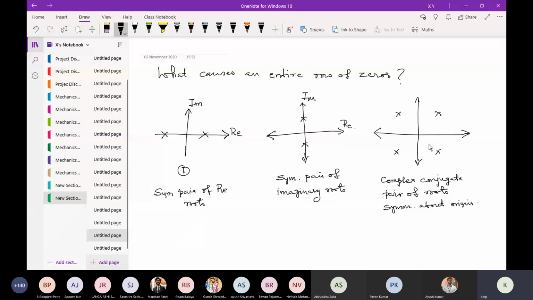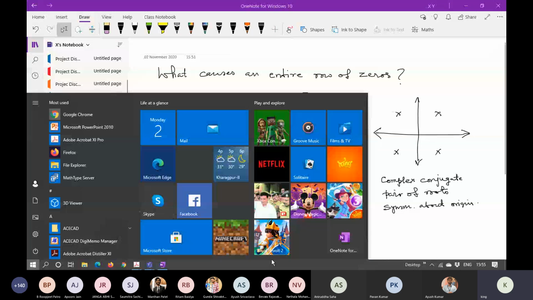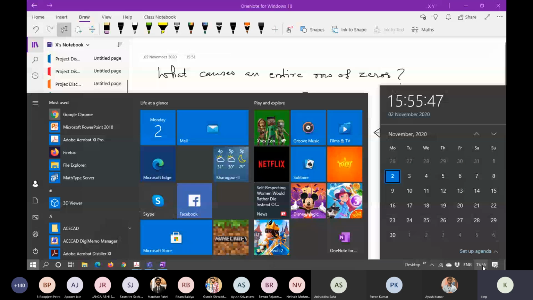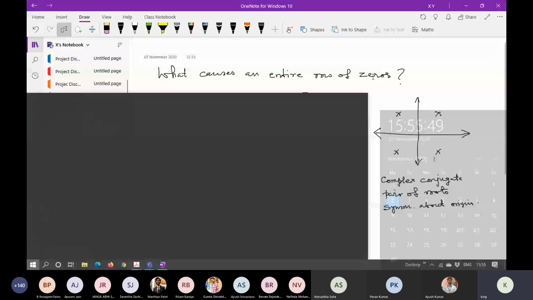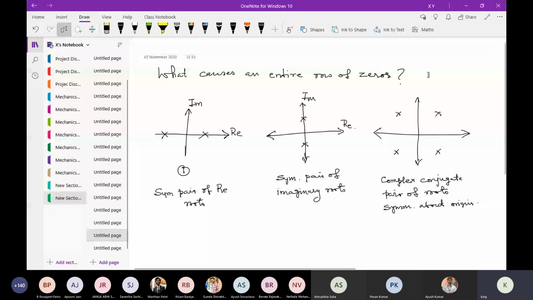So these are the 4 cases, and we can actually figure out from the Routh array how this business works.